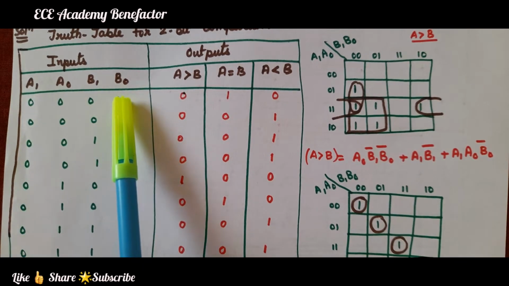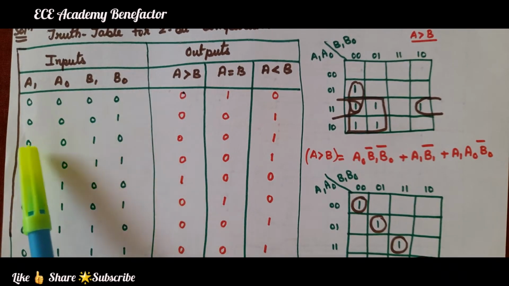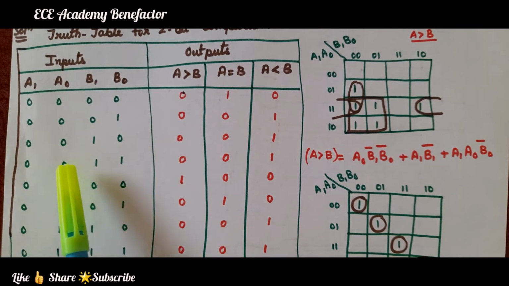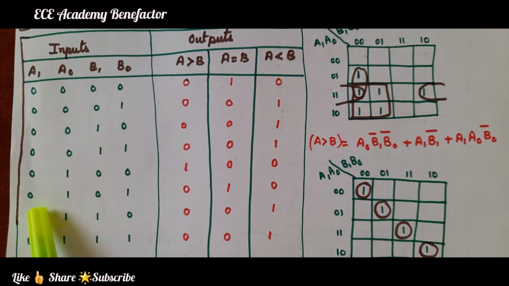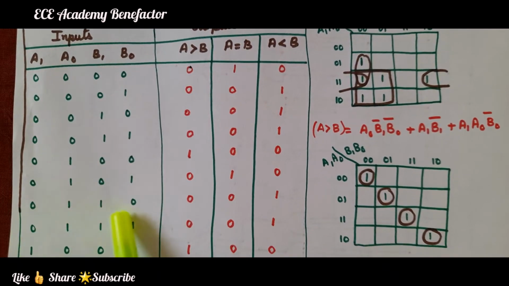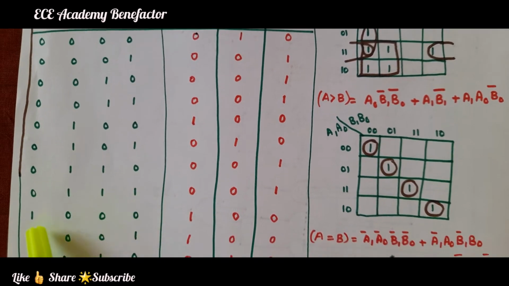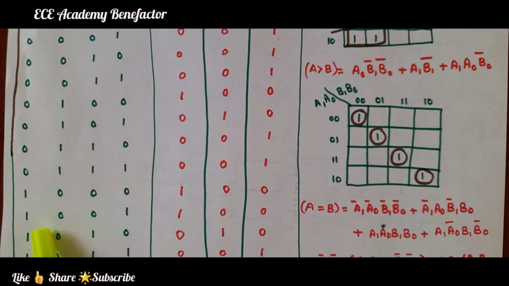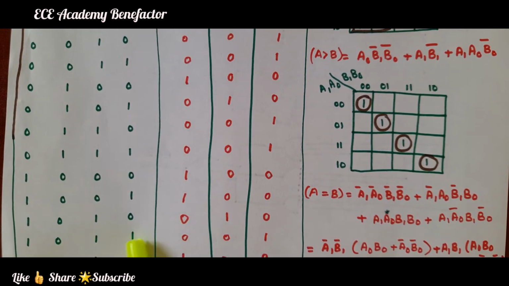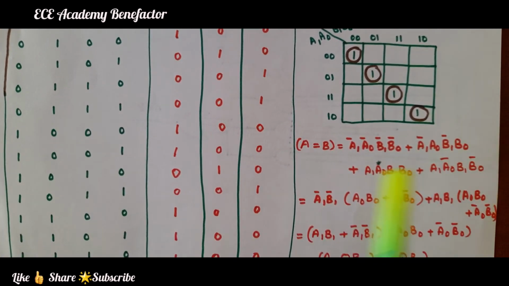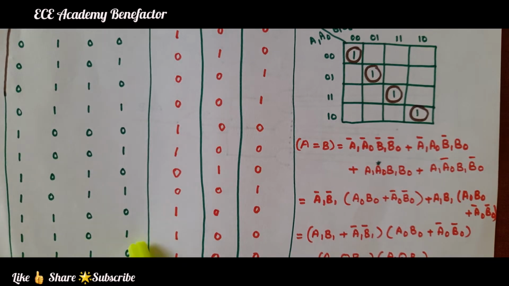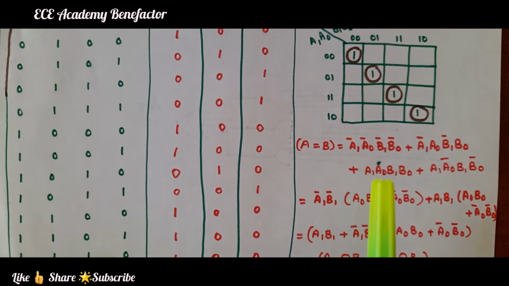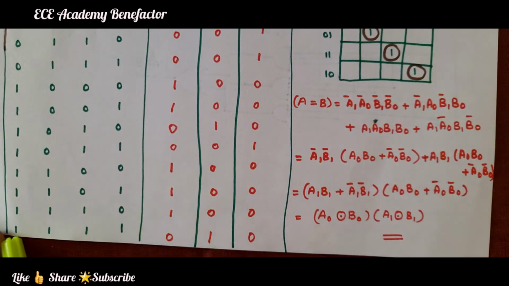0, 0, 0, 0; 0, 0, 0, 1; 0, 0, 1, 0; 0, 0, 1, 1; 0, 1, 0, 0; 0, 1, 0, 1; 0, 1, 1, 0; 0, 1, 1, 1; 1, 0, 0, 0; 1, 0, 0, 1; 1, 0, 1, 0; 1, 0, 1, 1; 1, 1, 0, 0; 1, 1, 0, 1; 1, 1, 1, 0 and 4 ones.